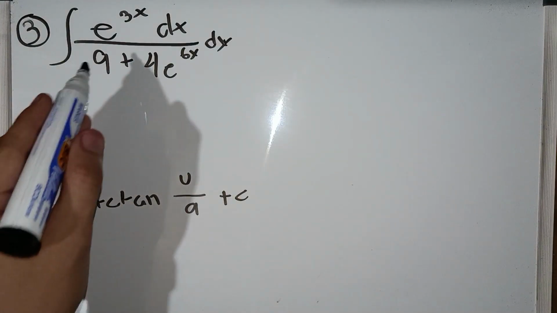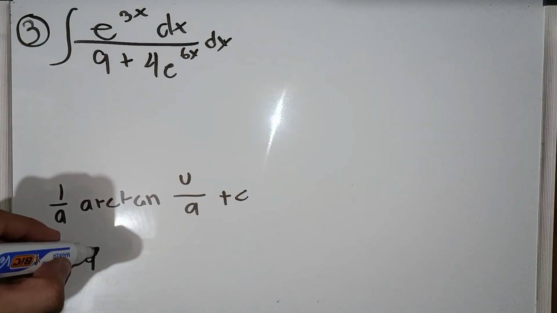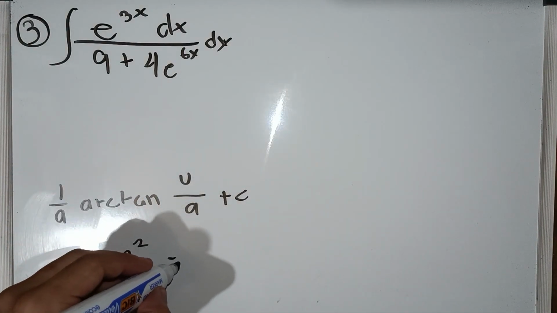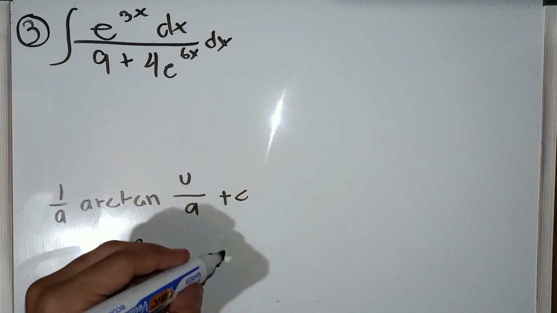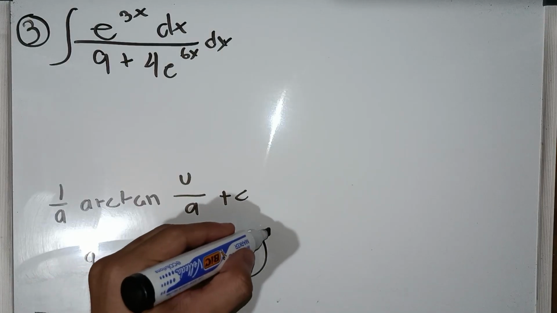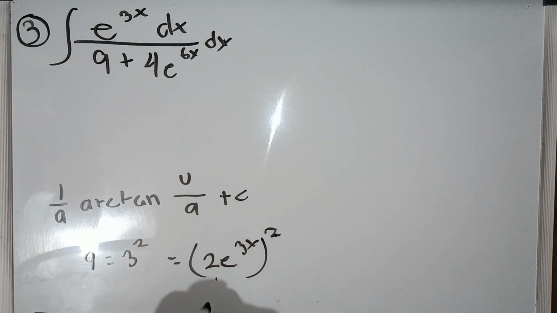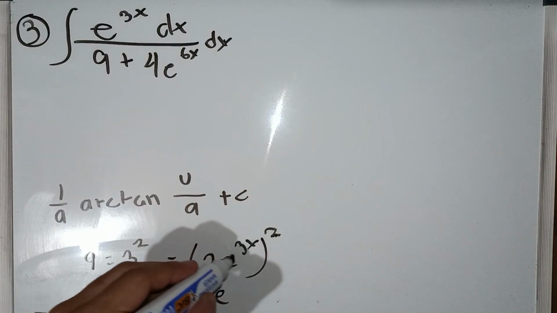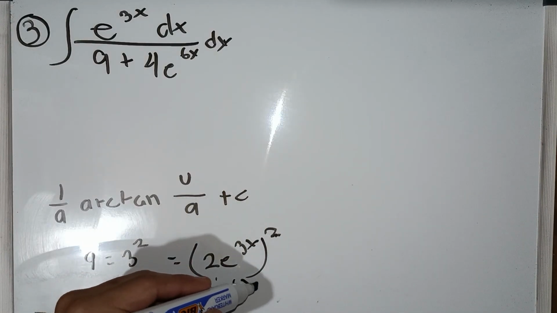Here we have a, which is the square root of 9, which is 3 squared, and u, which is 2e raised to 3x, squared. Multiplying this gives us the original 4e raised to 6x.